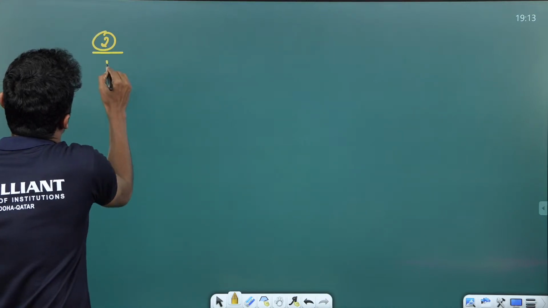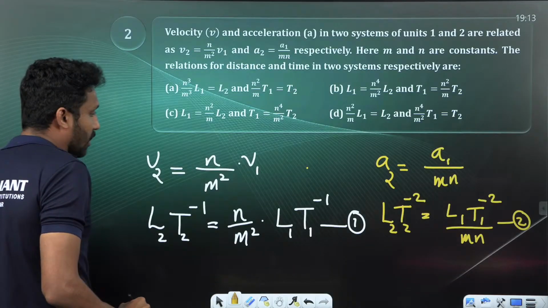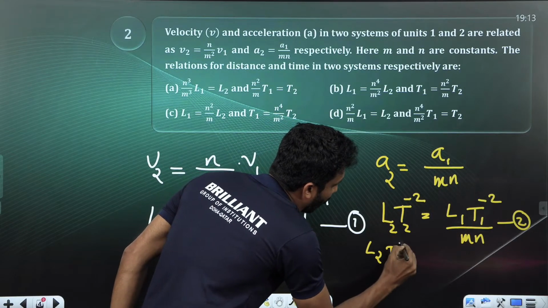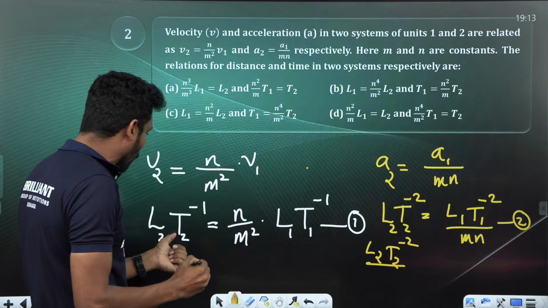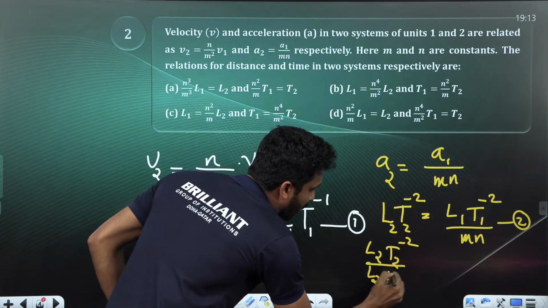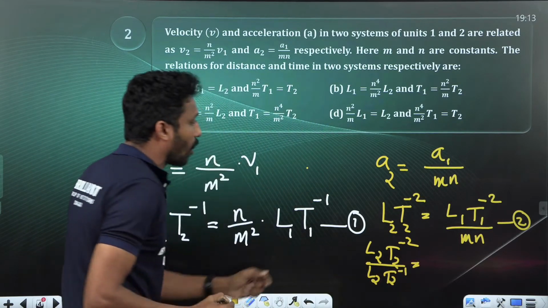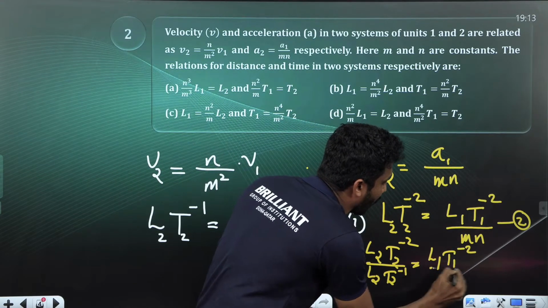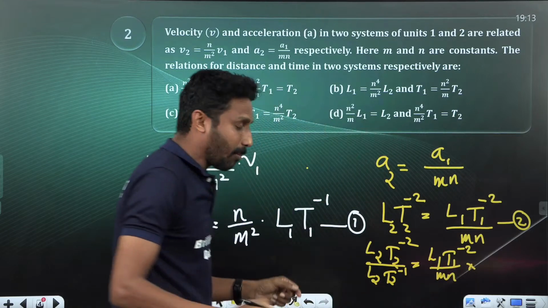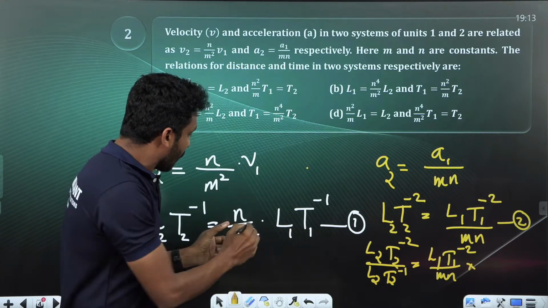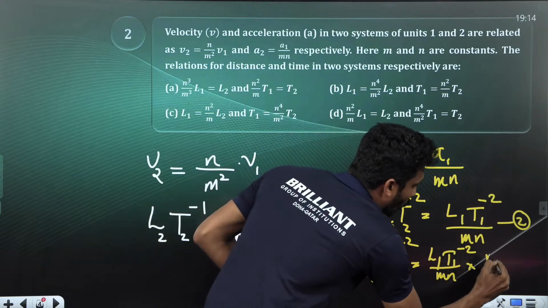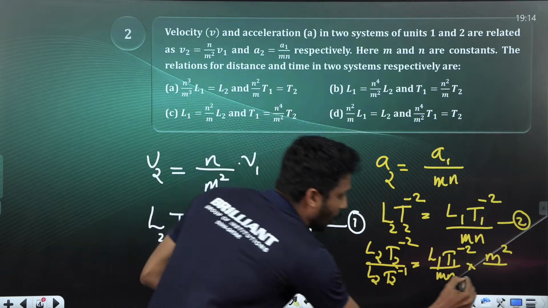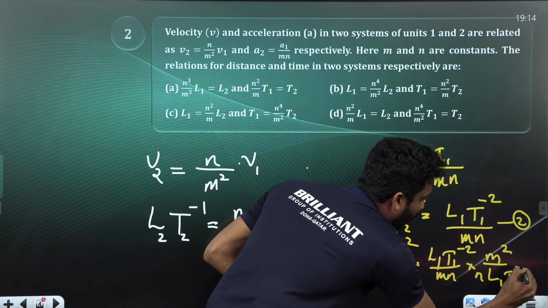Equation 2 divided by equation 1 will be: equation 2 is L2 T2 power minus 2 divided by L2 T2 power minus 1, is equal to, on RHS, L1 T1 power minus 2 divided by Mn, into the reciprocal of this one, that is m square divided by n into L1 T1 power minus 1.